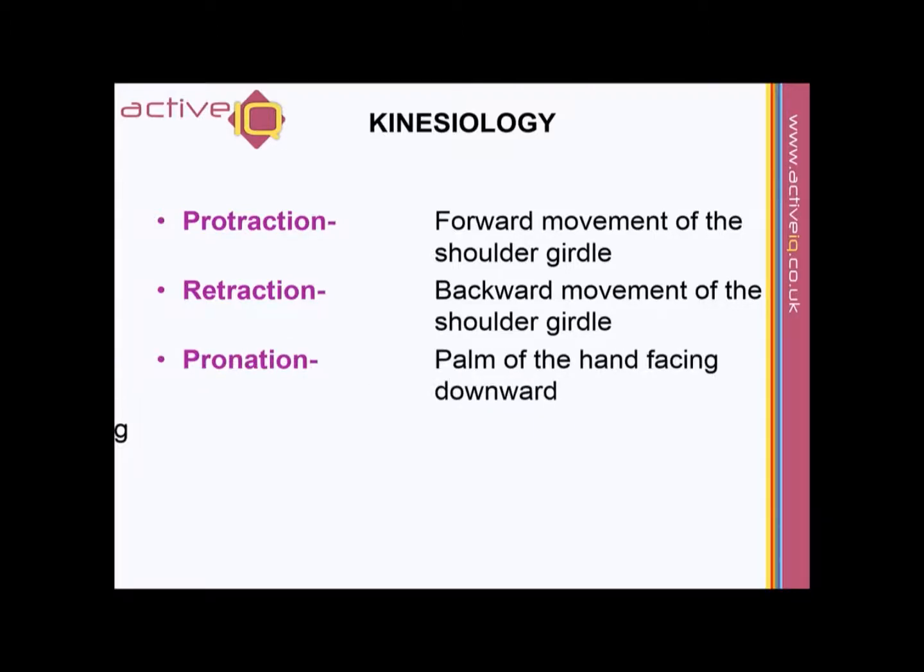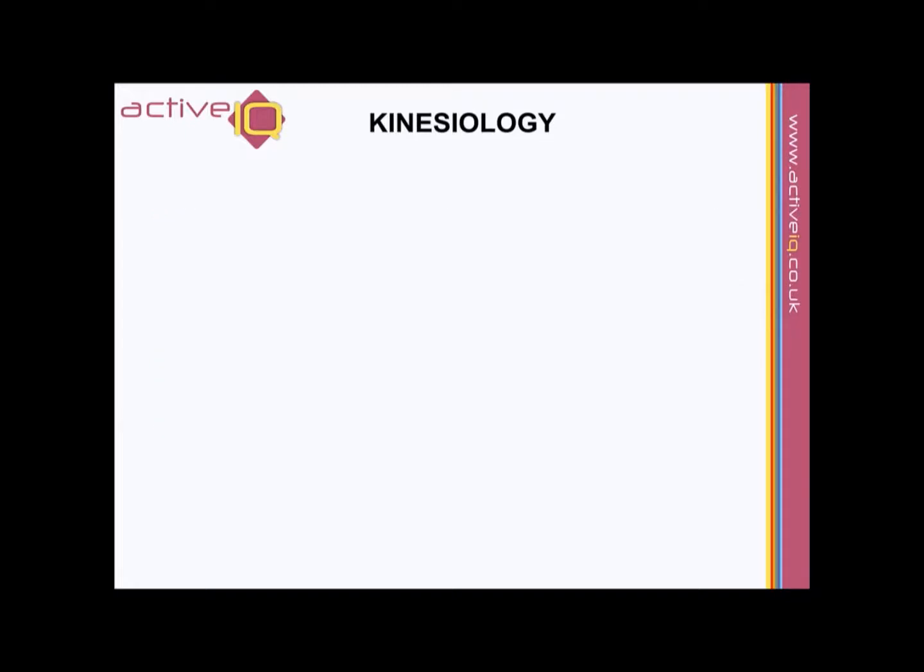If we pronate something, we place the palm of the hand facing down towards the ground, and the opposite of that is supination, or the palm of the hand facing upwards. A good way of remembering that is to imagine holding a cup of soup in your hand.